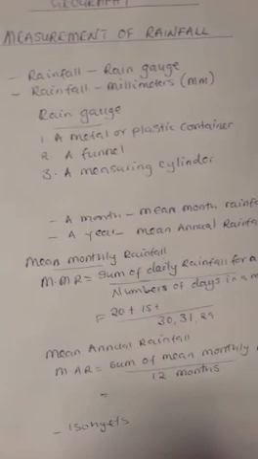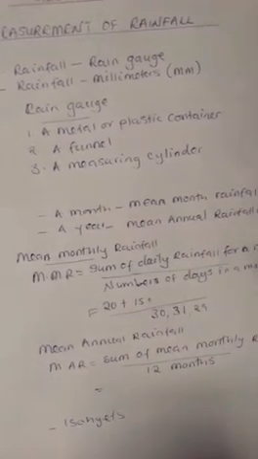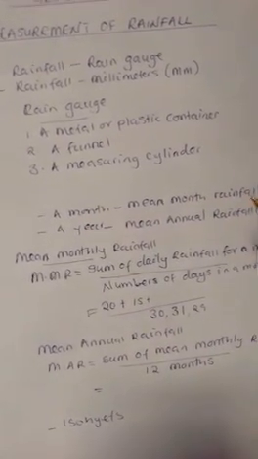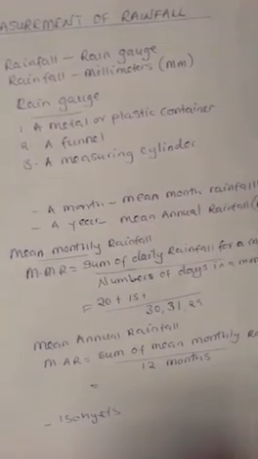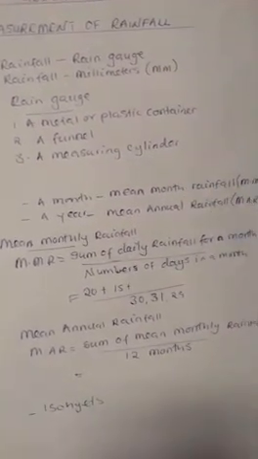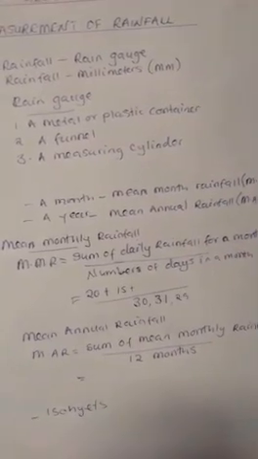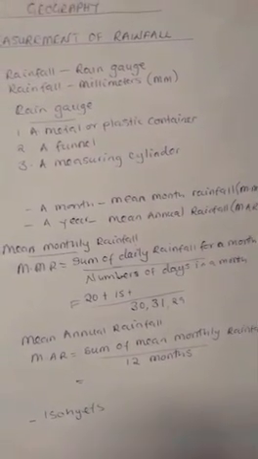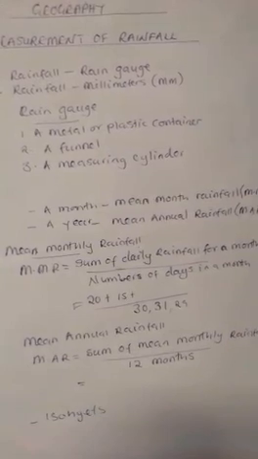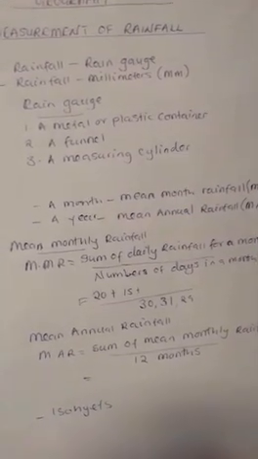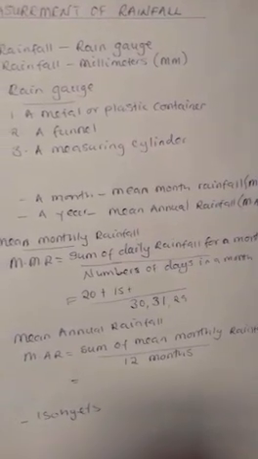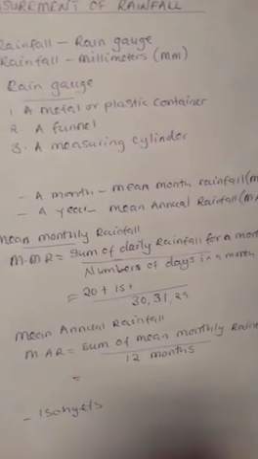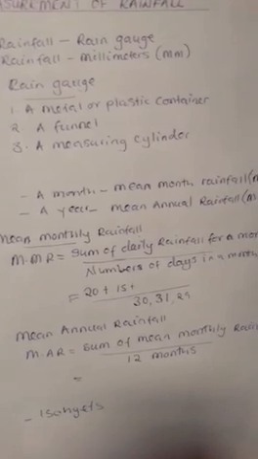Then the daily totals of rainfall are recorded for a month, which is mean monthly rainfall, and for a year, which is mean annual rainfall. The mean monthly rainfall is the sum of daily rainfall for a month divided by the total number of days in that month. The mean annual rainfall is the sum of mean monthly rainfall divided by the number of months in that year.